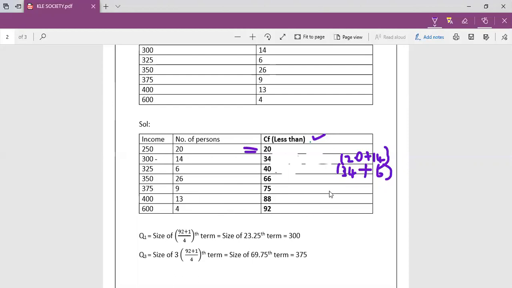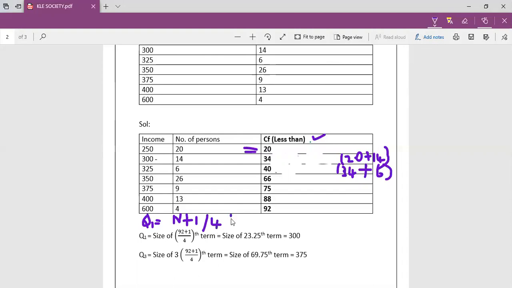So once we have calculated our cumulative frequency, next we need to know the formula to calculate our quartile 1. So the formula to calculate quartile 1 is the size or the value of (n plus 1) divided by 4th term.